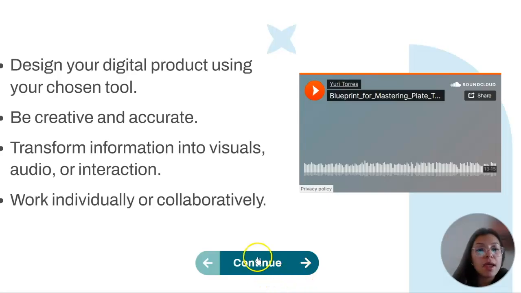They have to be creative and accurate, transforming information into visual, audio, or interactive forms. Or, as I mentioned before, they work individually or in groups. They also use peer feedback and the rubric to improve it.